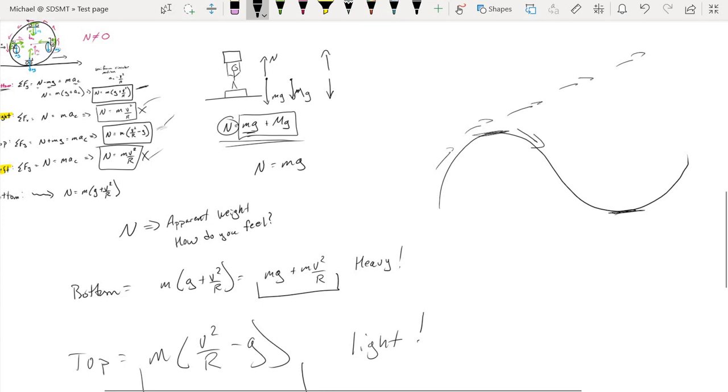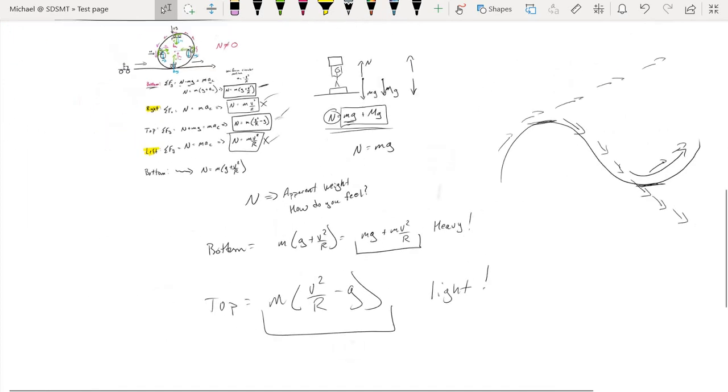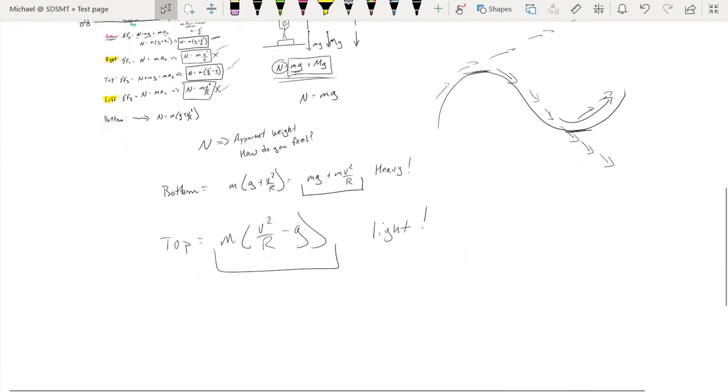Versus at the bottom of the track, the tendency of your body is to continue moving down, whereas the cart wants to move up. And so the cart physically has to push harder on you to start moving you upward. And as a result, you feel extremely heavy when you get to the bottom of the roller coaster track. The same thing is happening here with the loop-de-loop.